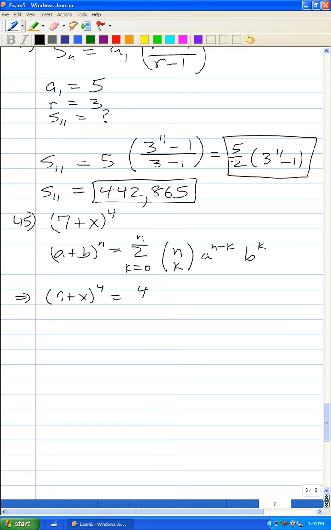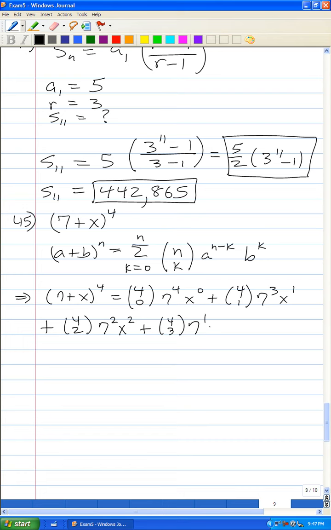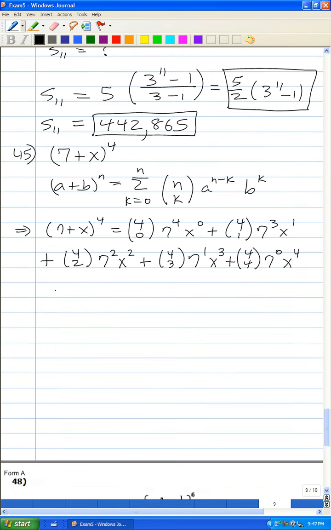So that's going to be 4 choose 0 of 7 to the 4 minus 0, x to the 0, plus 4 choose 1, 7 to the 4 minus 1, 3, x to the 1, plus 4 choose 2, 7 squared, x to the 2, plus 4 choose 3, 7 to the 4 minus 3 is 1, x to the 3, plus 4 choose 4, 7 to the 0, x to the 4. 4 choose 0 is 1. 7 to the 4th is a big number.